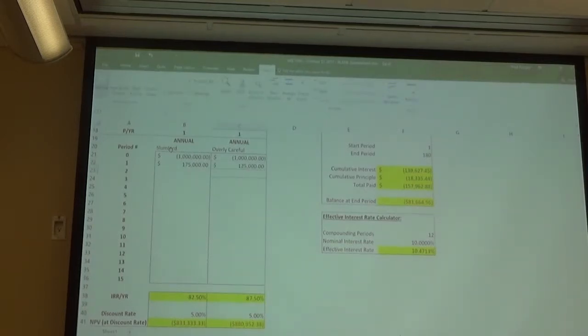Does that make sense, what I'm suggesting? All right, so let's say that we do that for 5 years, in both instances. 175. And 125.